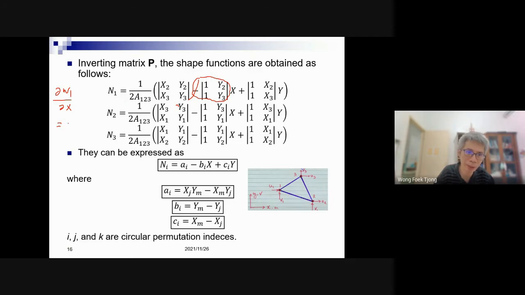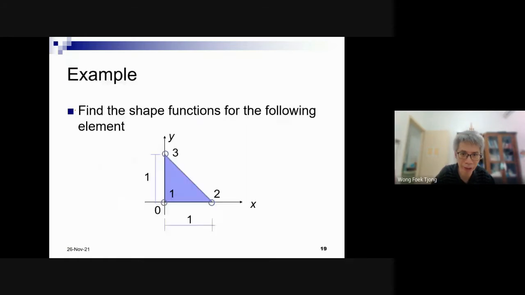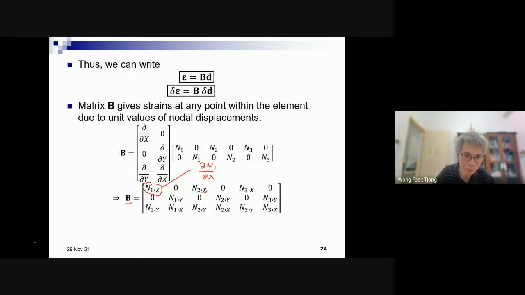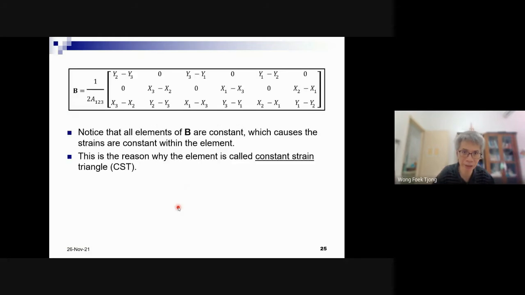So the result is 1 over 2A times y2 minus y3, and so on. So you can calculate its entries in the B matrix: N1 comma x, N2 comma x, and so on. And then these are the results.